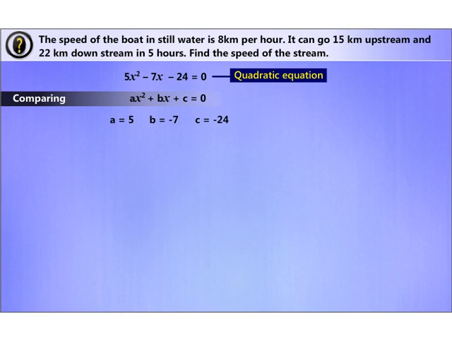We know by quadratic formula x is equal to minus b plus or minus root b square minus 4ac whole divided by 2a.